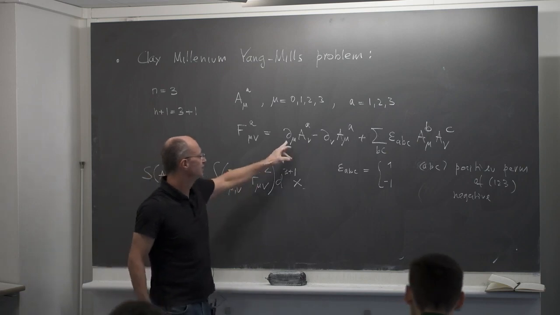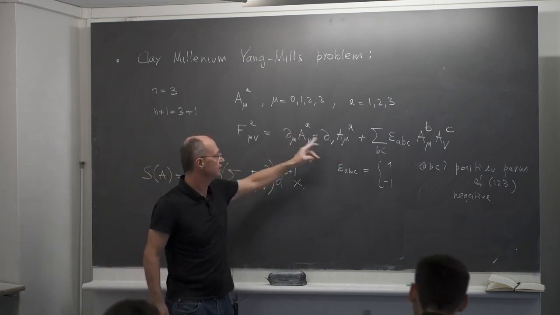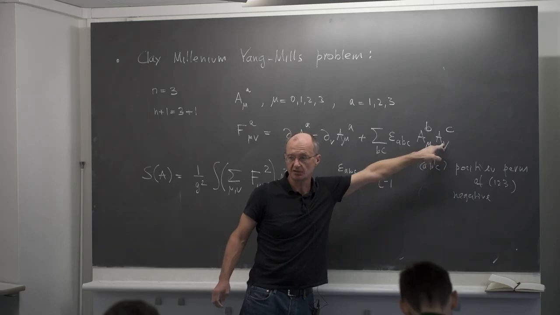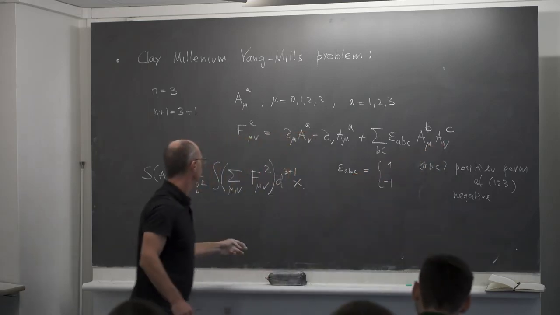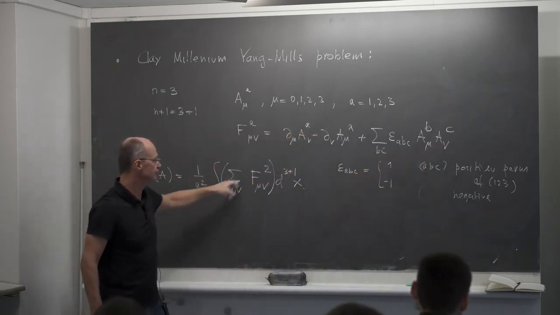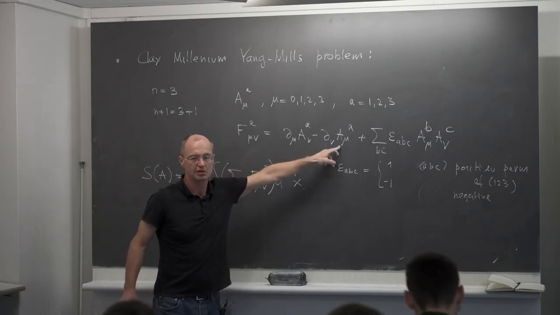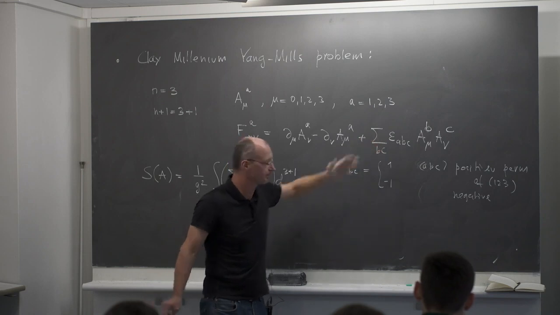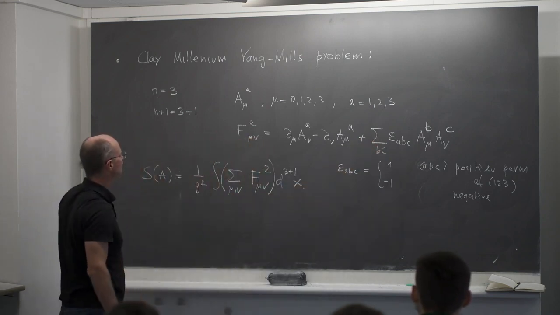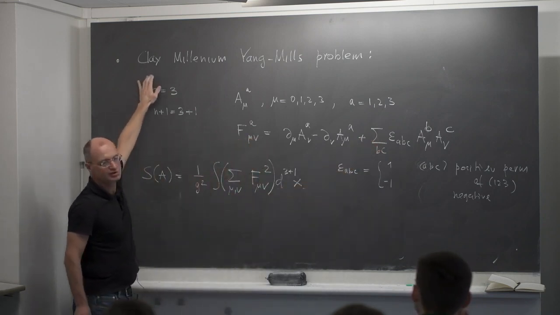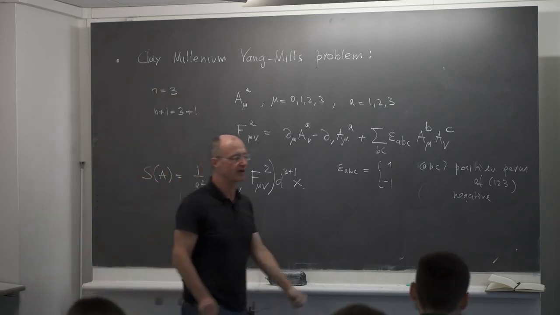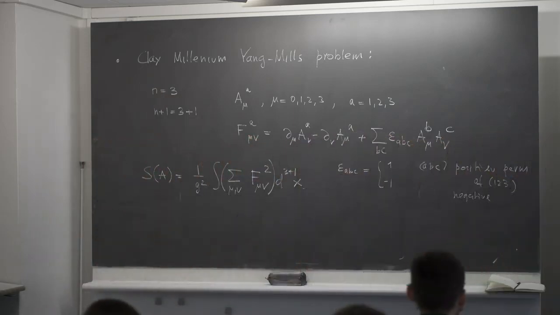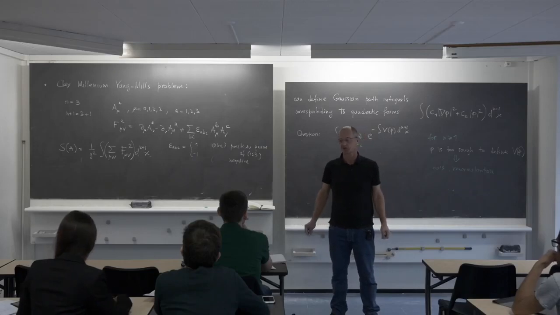As you see, this expression has a linear part and a quadratic part. This means that this expression will have a quadratic part, plus a cubic part, plus the fourth degree part. So, of course, this Clay problem, I looked up how it's stated. I think the description is roughly 14 pages.